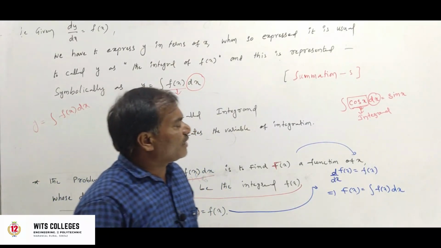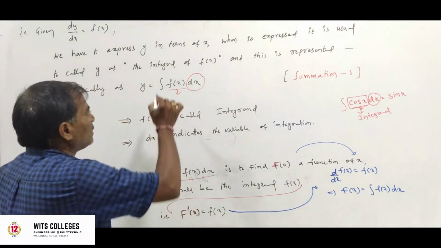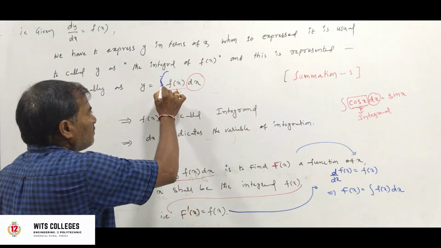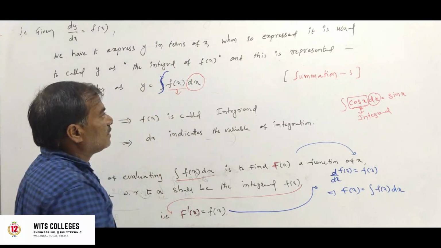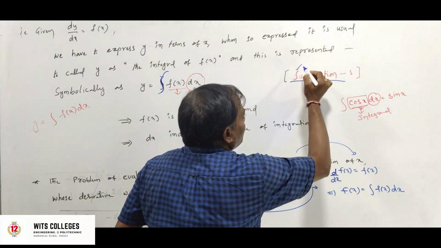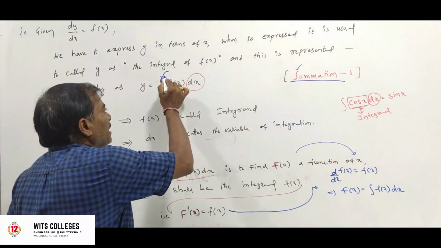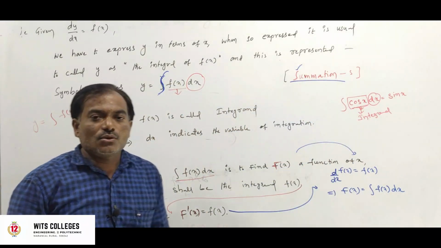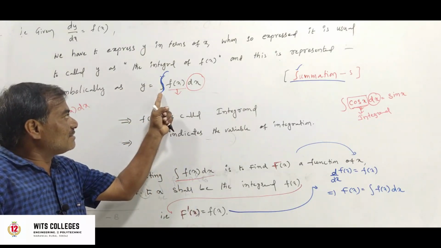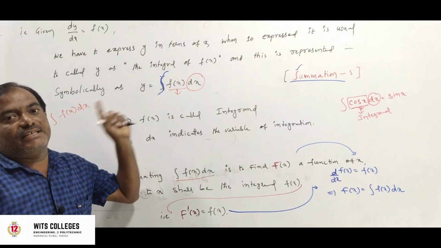Here this symbol can be taken as summation. What is the first letter of summation? Yes. So integration is also one type of summation, and that's why we take this as the symbol of integration.